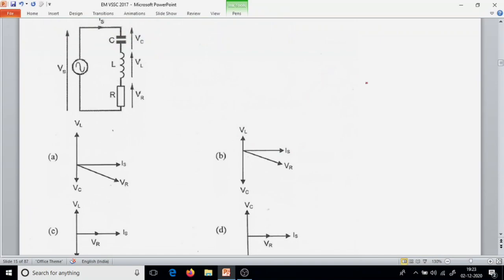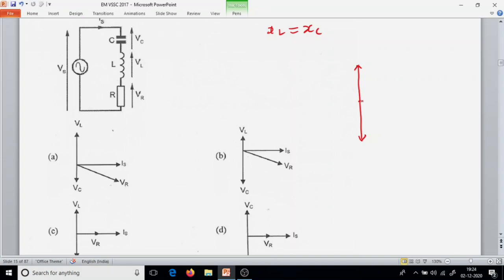Now, when XL equals XC, resonance happens. Correct? XL equal to XC. I'm not writing which is XL and which is XC.